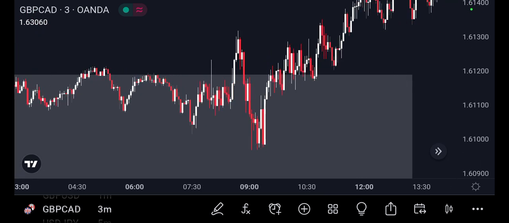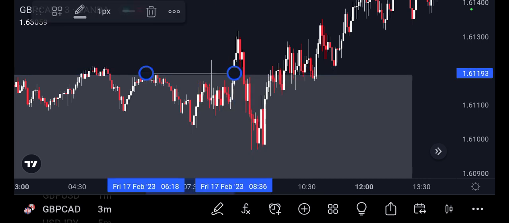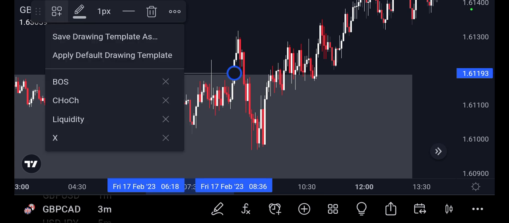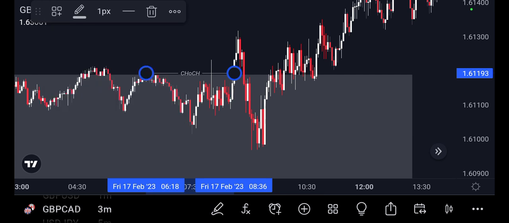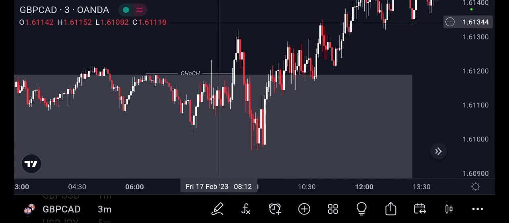Okay, from here, price gave a liquidity sweep. Like I said, I already told you about liquidity sweep before, that it doesn't only happen on the hour time frame. It also happens on the lower time frame. Yes, it's on the lower time frame. There was a change of character here. Price moved up.